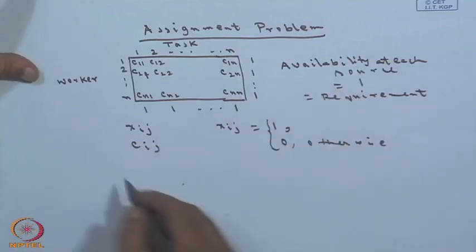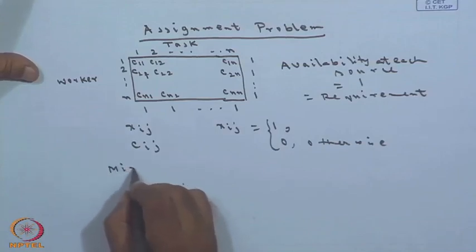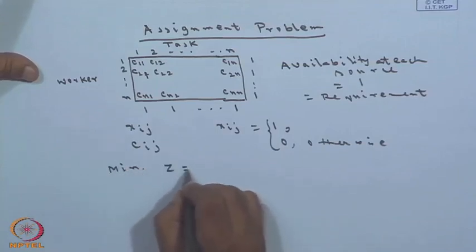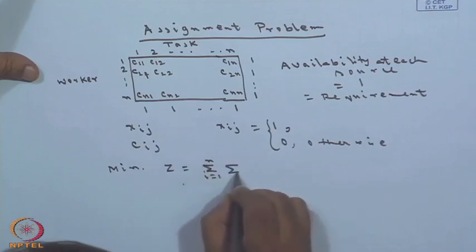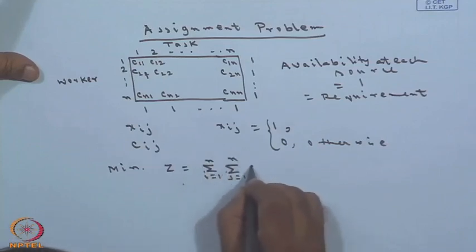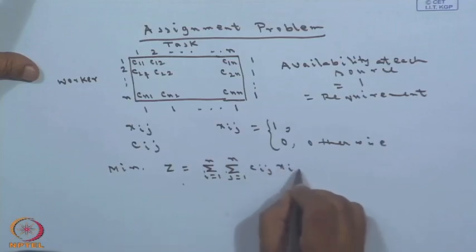And Cij is the cost or time required for assigning the ith worker to the jth job. So, mathematically, I can say minimize z equals summation i equals 1 to n, summation j equals 1 to n, Cij Xij.